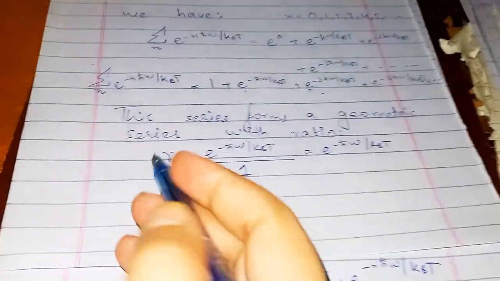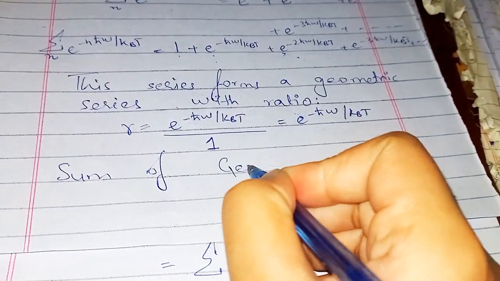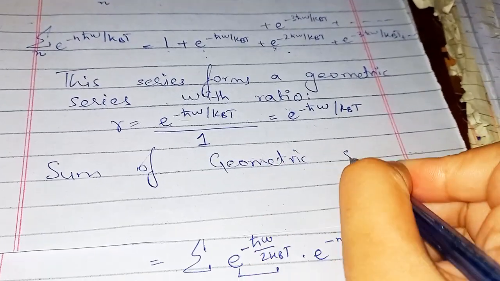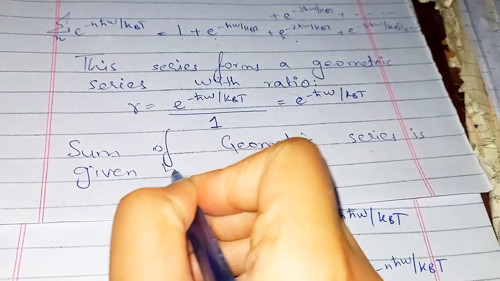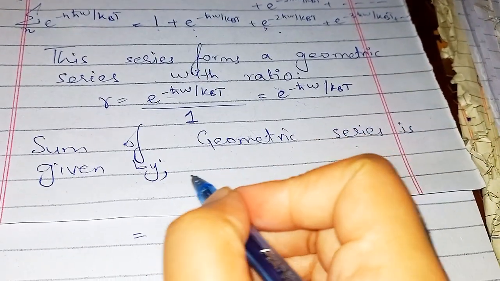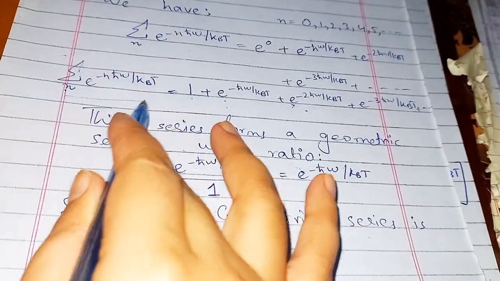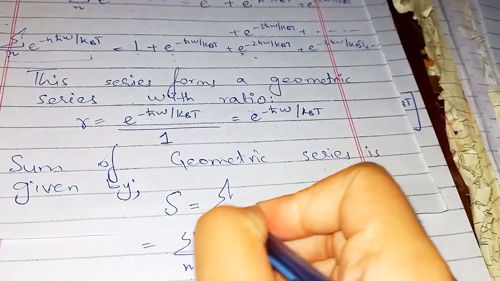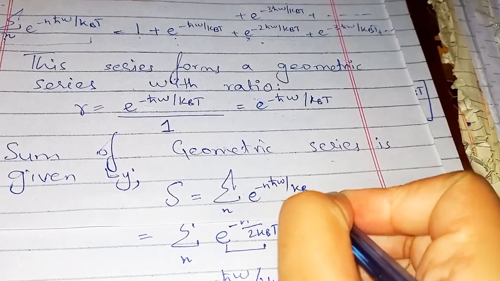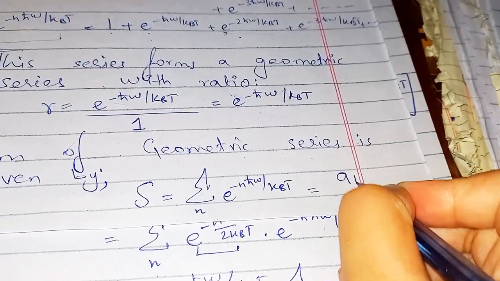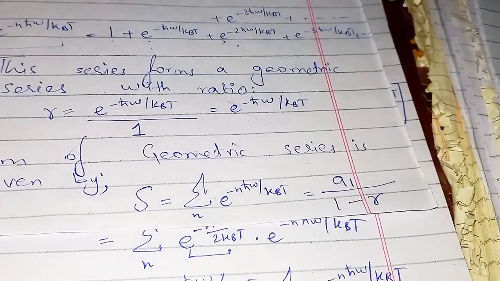So that is the ratio, and the sum of a geometric series is given by the general formula. The sum, meaning the thing that we have here, the sum of e to the power minus nħω by kBT, would be equal to the first term of the series divided by 1 minus r.